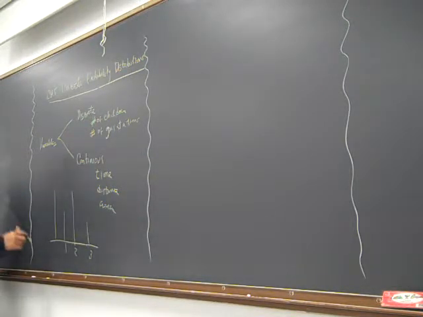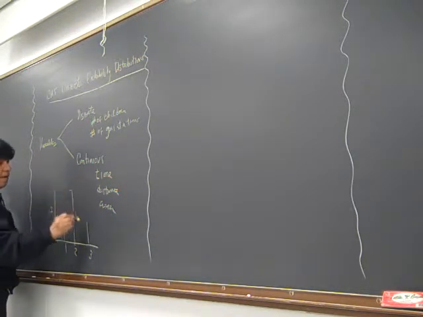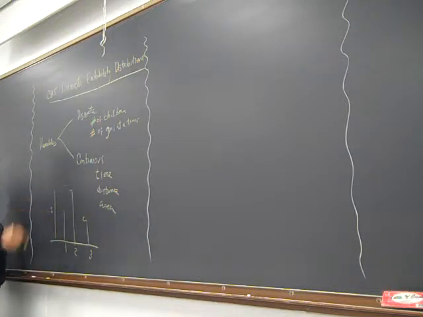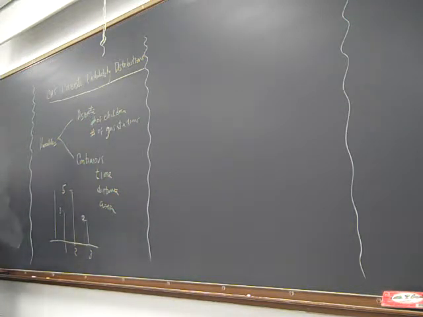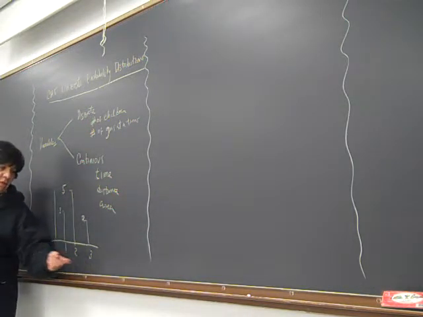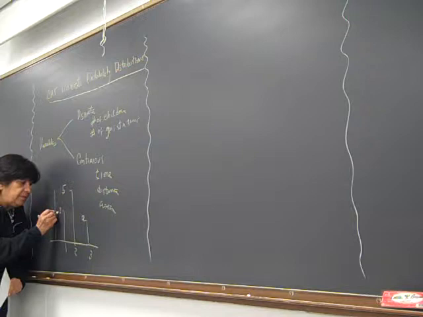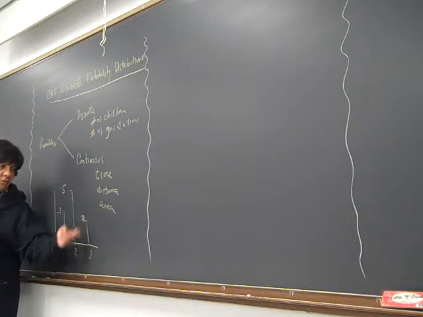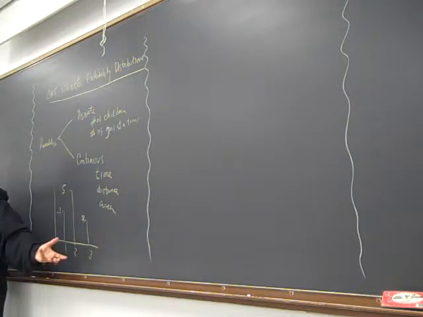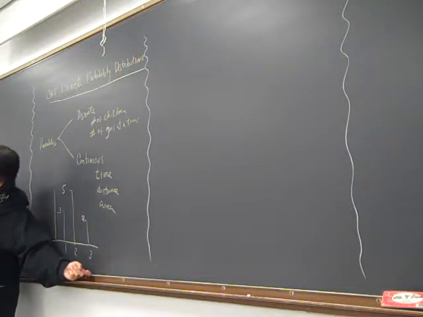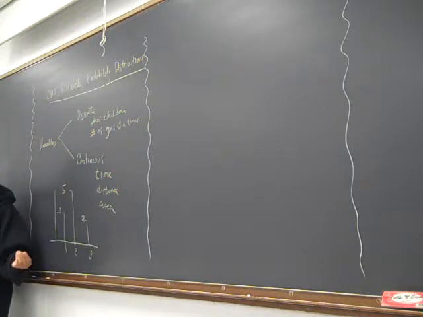Let's say this variable can take values 1, 2, and 3, and the probability for 1 is 0.3, for 2 is 0.5, and for 3 is 0.2. This is the discrete probability distribution: the values the variable can take and the probabilities for each one of the values.